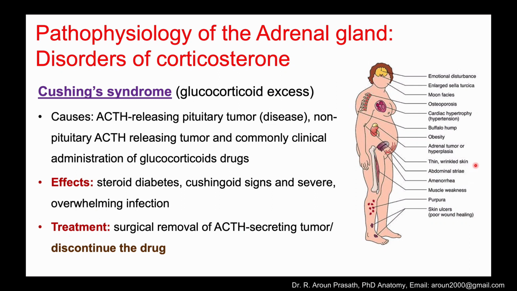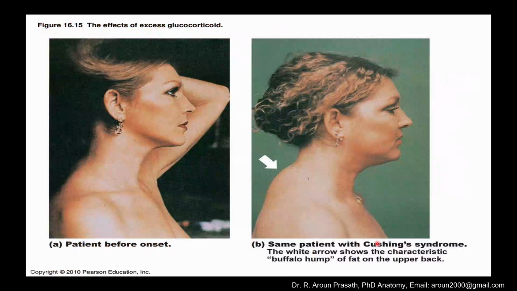Then thin wrinkled skin, striations in the abdomen, absence of menstrual cycle, muscle weakness, purpura and skin ulcers. These are all the features of Cushing's syndrome in the adult. You can see this is the normal patient, and when the adrenal cortex starts to function more, she changes like this, and this is a buffalo hump, the humping of the thoracic spine. We call it buffalo spine. These are the characteristic features of Cushing's syndrome.